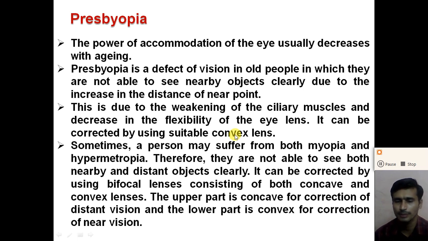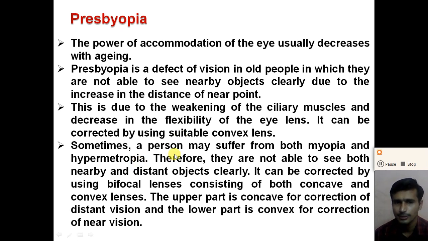Understand? Sometimes old people may suffer from both myopia and hypermetropia. So in presbyopia, a person may suffer from both myopia as well as hypermetropia. So this defect is produced, or formed, at a very old age, right?